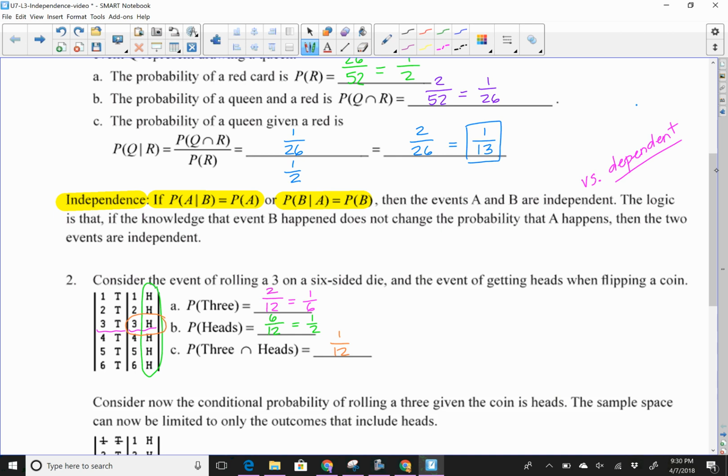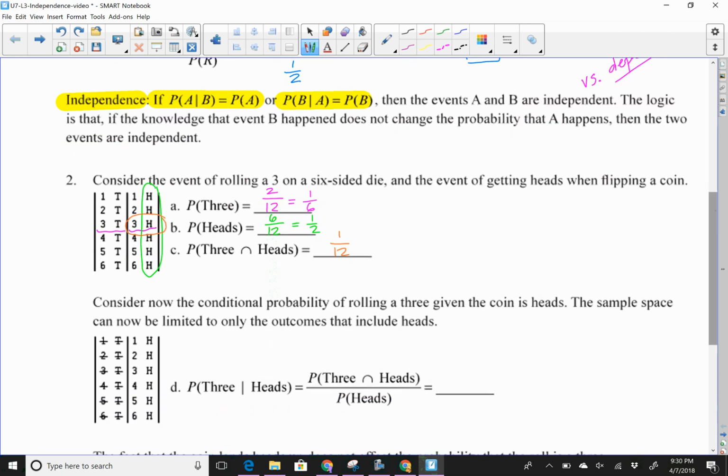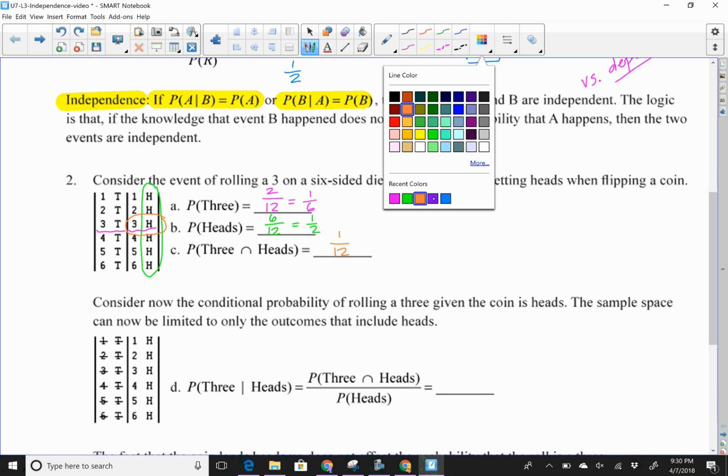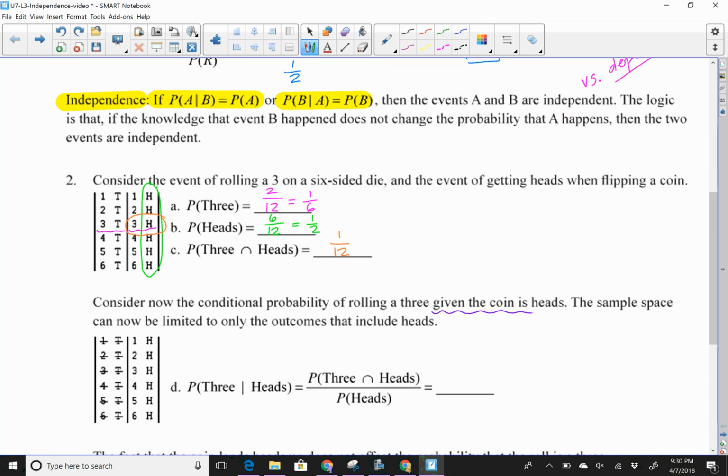So let's keep going. Now, this next part says, consider the conditional probability of rolling a 3 given the coin is heads. The sample space is now limited to only the outcomes that include heads because, as they stated here, given the coin is heads. So when you're looking at your sample space, what is the probability that it's heads? Well, we figured this out right up here.